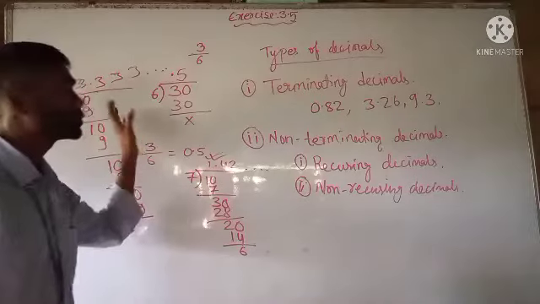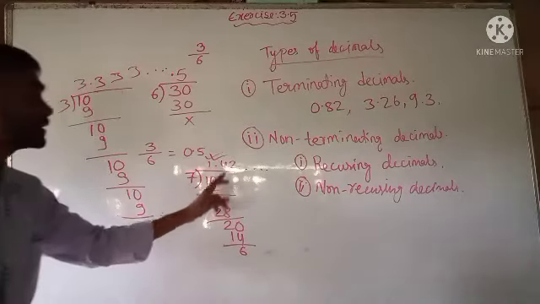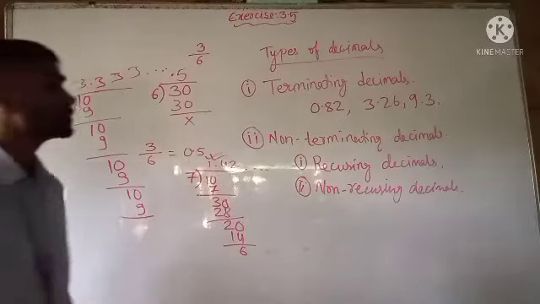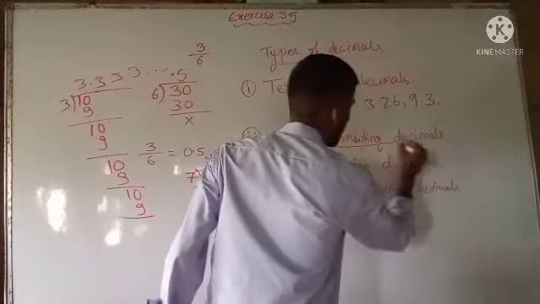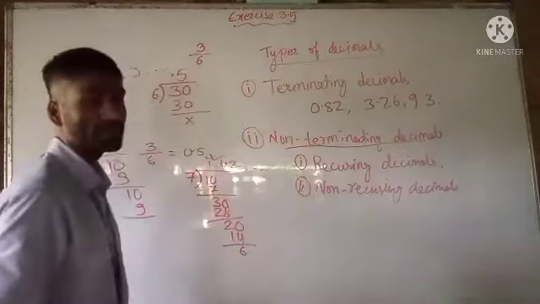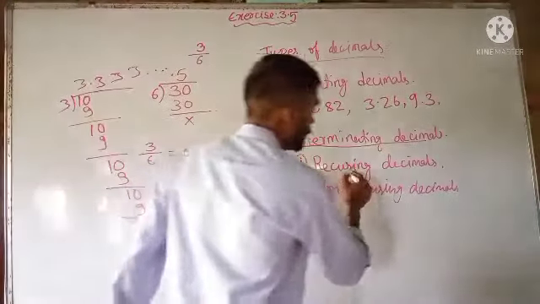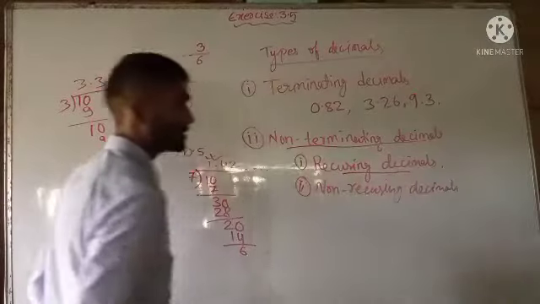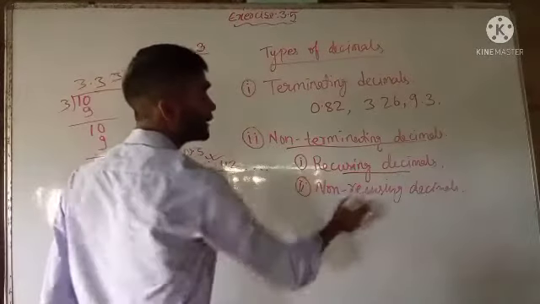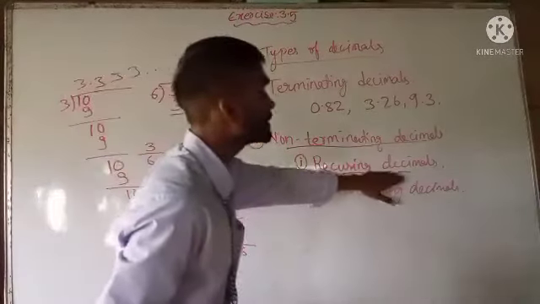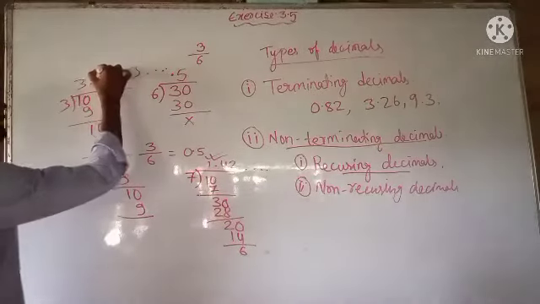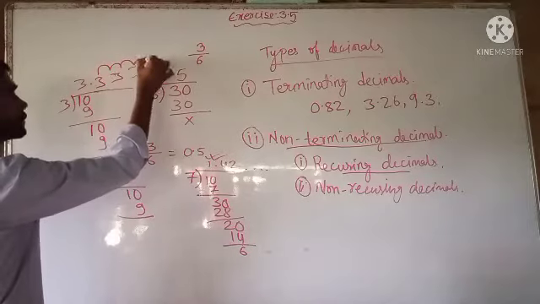So we come across two types of division, where the digits repeat or where after the decimal point it is endless. Such numbers are known as non-terminating decimals. Now recurring decimals, that means non-terminating recurring decimals. Recurring decimals means that after the decimal point the number starts repeating itself.